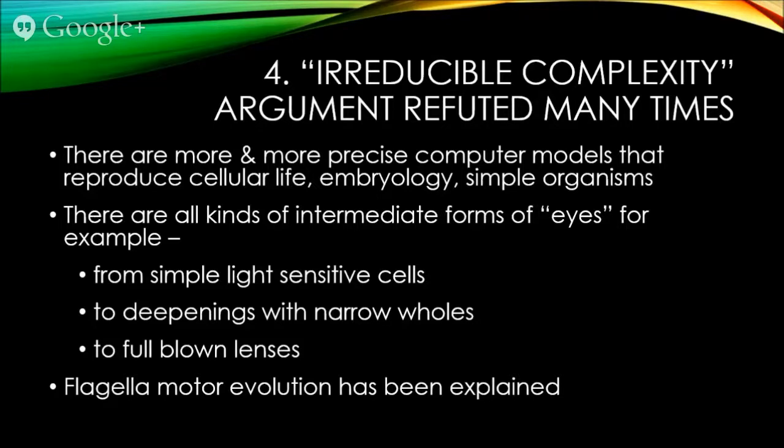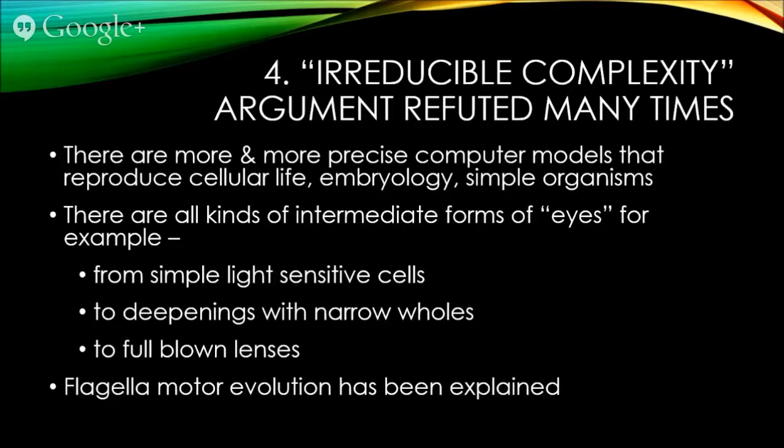We have computer models that explain how cells divide, how biology works, how genes express themselves. These computer models work in more and more elaborate ways. They even create stuff in computer memory similar to very simple organisms or very simple microbiotic life.